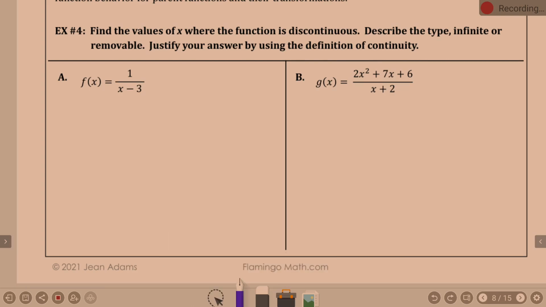Okay, so find the values of x where it's discontinuous.